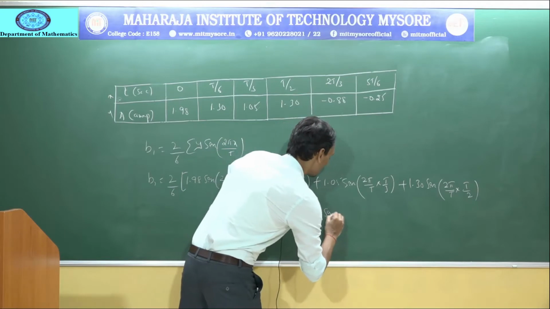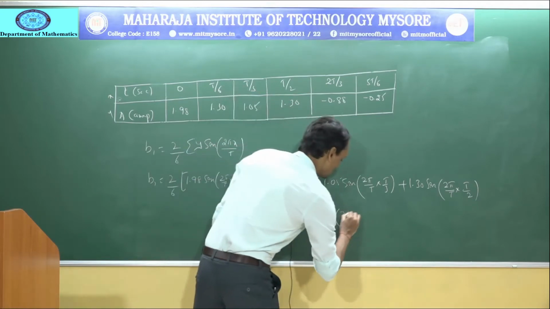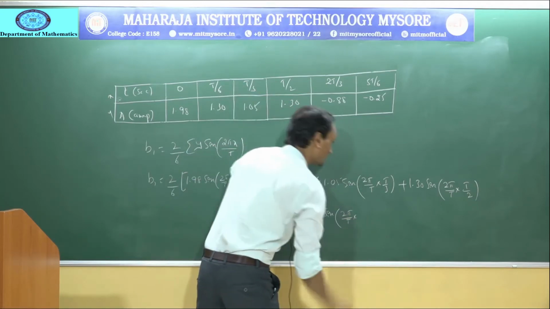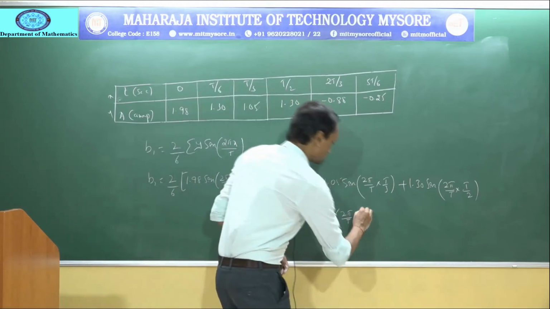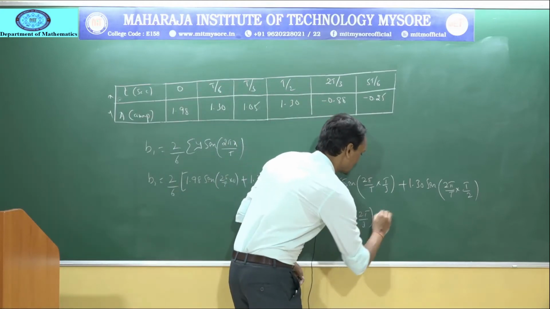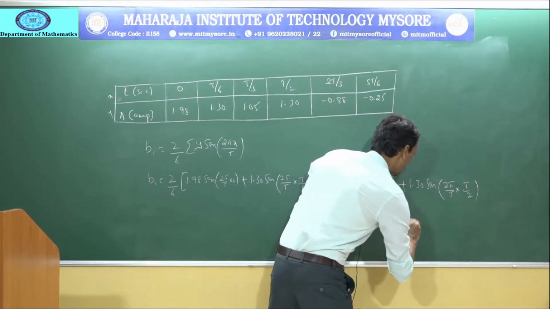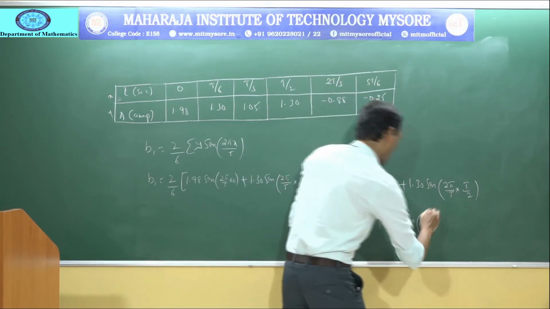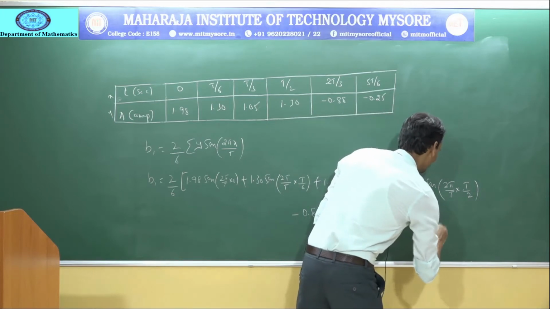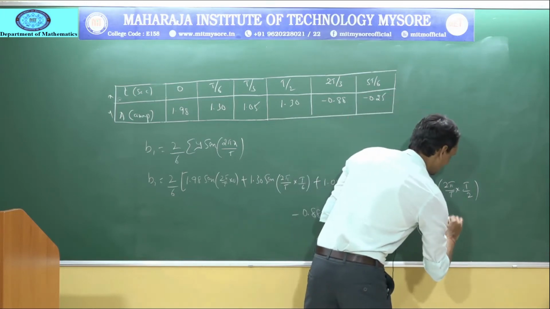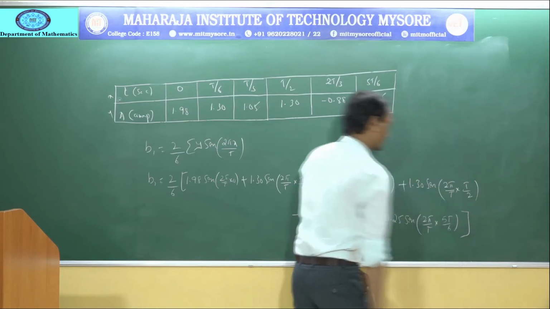0.88 into sine 2 pi by t, where x is 2t by 3, plus minus 0.25 into sine of 2 pi by t into the last value 5t by 6, close the bracket.